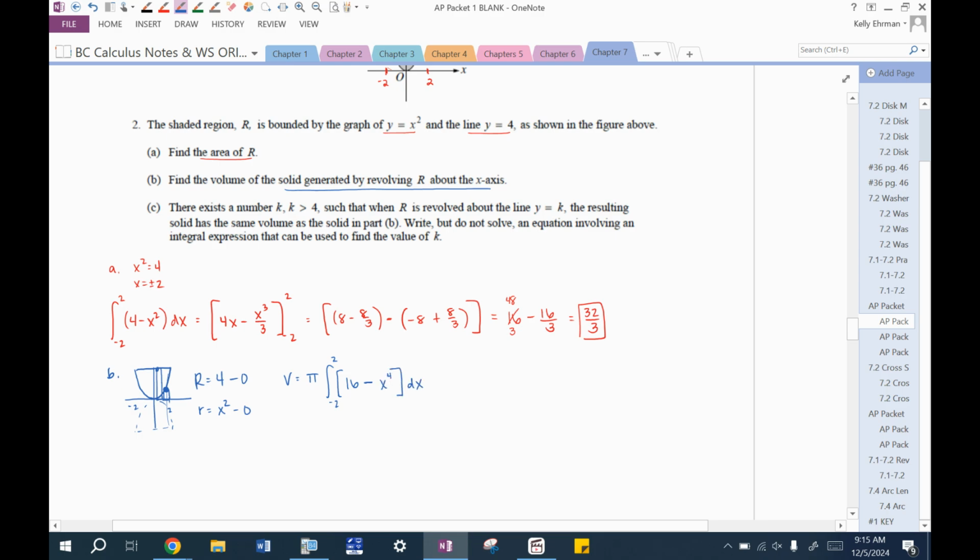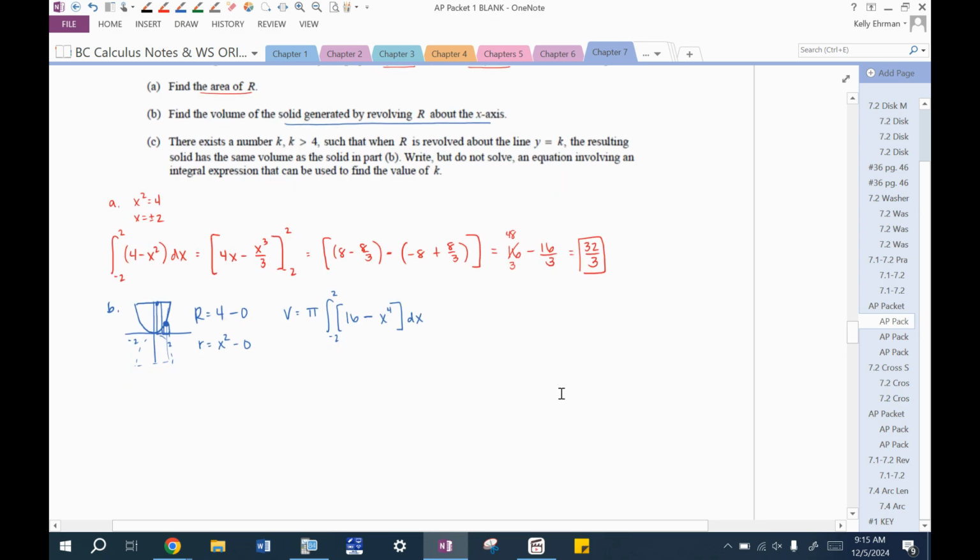I don't always simplify those, but for the ones where I'm not using a calculator, I simplify to make life a little bit easier. So this is going to be pi times 16x minus x to the 5th over 5, going from negative 2 to 2.